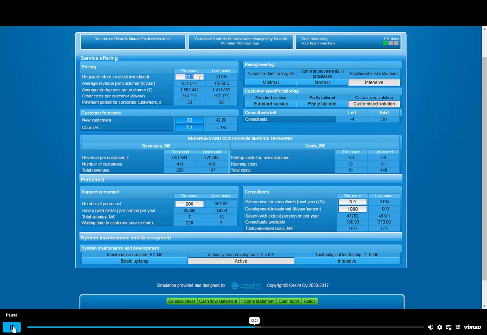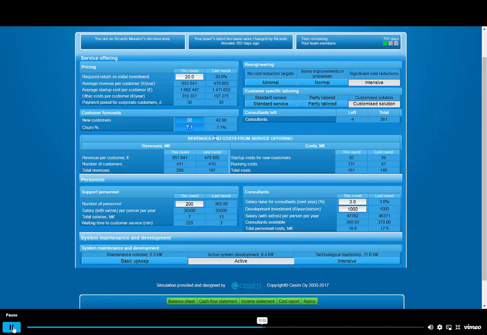So basically, higher return means higher price that the customer pays, and lower return for us obviously means that the customer pays a lower price. But you decide which is the level of return that you want to take. And then, as mentioned earlier, here we do the customer forecast, and then we also estimate the churn rate.